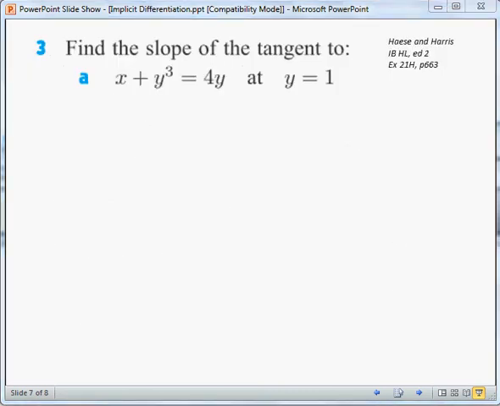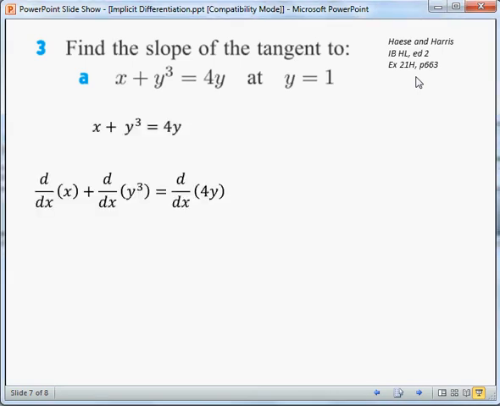Okay, here's an example from our textbook from Houston Harris. Find the slope of the tangent to x plus y cubed equals 4y at y equals 1. Okay, so that's a nice relation there. So the slope of the tangent, that's dy/dx. So use our implicit differentiation on both sides there of each term.